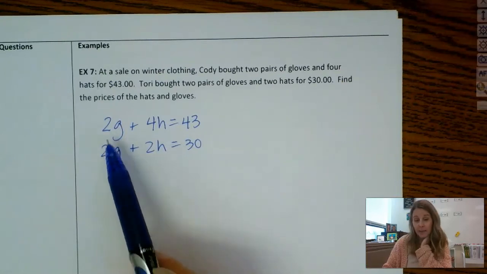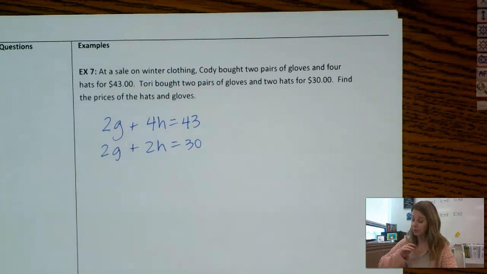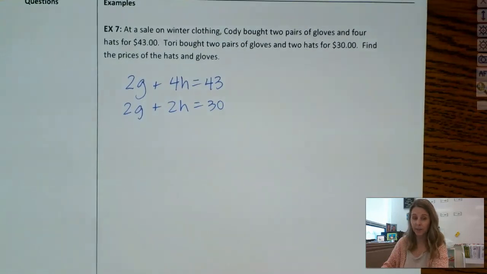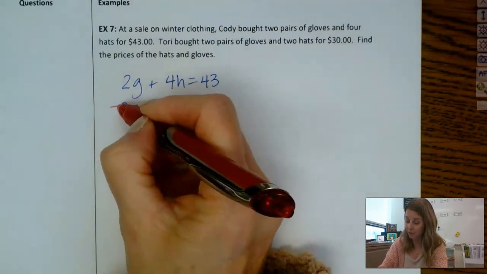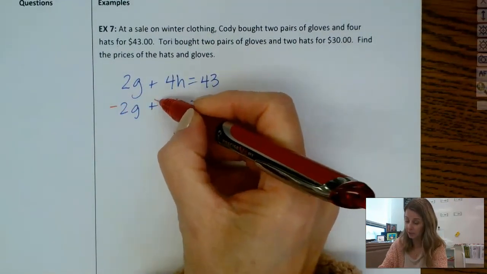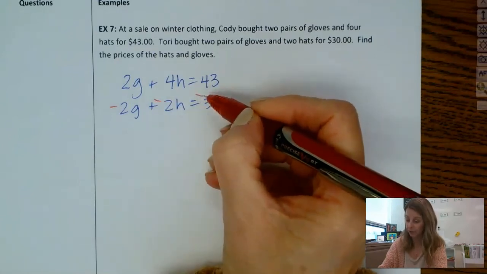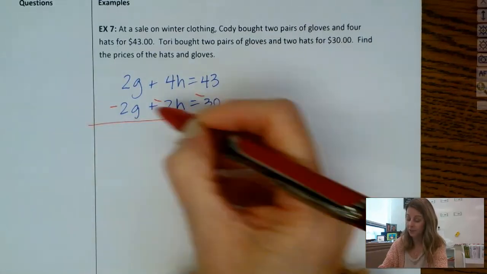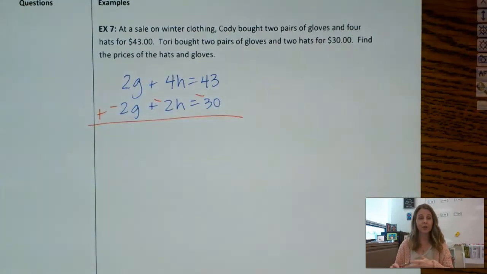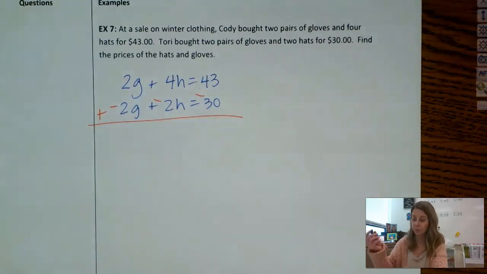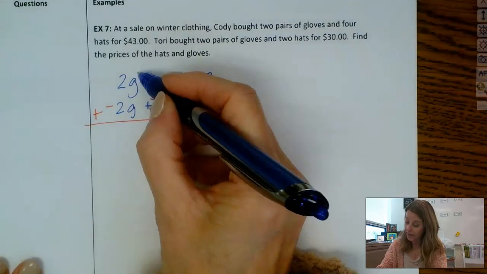Okay, so I have the same number, so let's multiply through by a -1. So I'm going to change, this will change to a negative sign, this will change to a negative sign, that will change to a negative sign. Okay, you've got to do the whole thing or else you're just changing one part, which changes the whole problem. Okay, add these up.